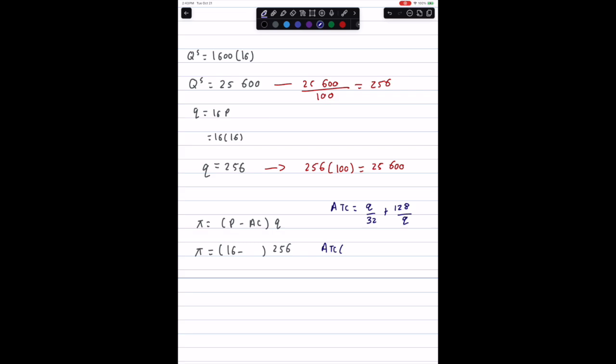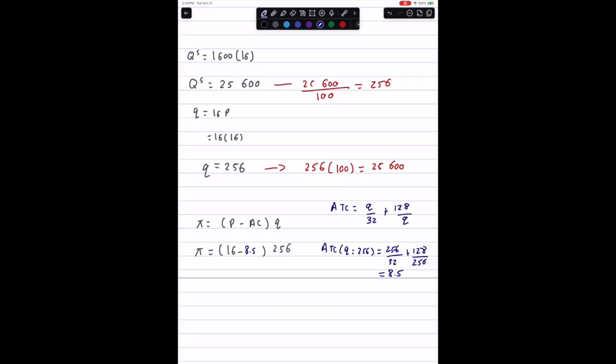So the average total cost at Q equal to 256 is going to be equal to 256 over 32 plus 128 over 256. The average total cost is going to be equal to 8.5, right? So we'll get 16 minus 8.5.